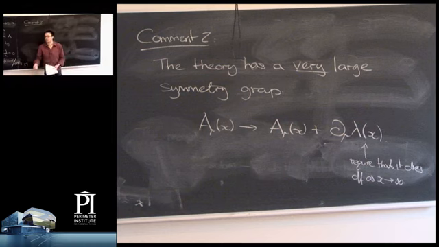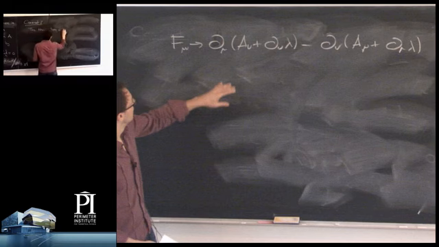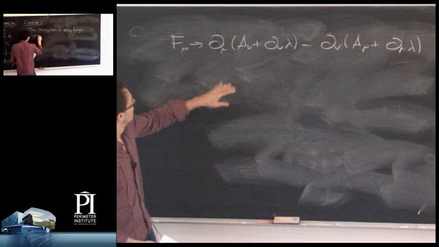So I'm going to take some time going slowly over this. The observation is the following: the theory has a very large symmetry. And I mean very large symmetry.